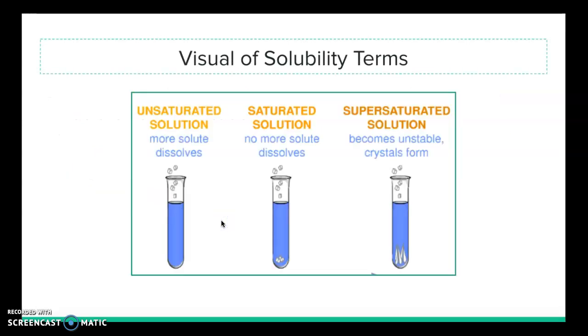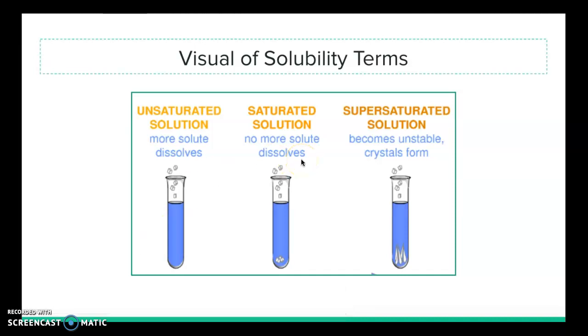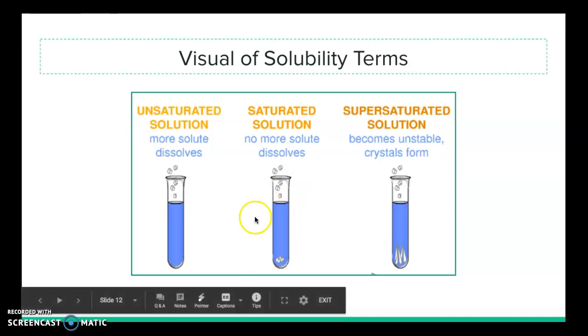Okay, so just some visuals to show you. Again, these might be a good idea to write down. With an unsaturated solution, we would not see any solute left in our solution. A saturated solution is when no more solute will dissolve, so if we continue to add it in, we may see some of our solute at the bottom of our solution.